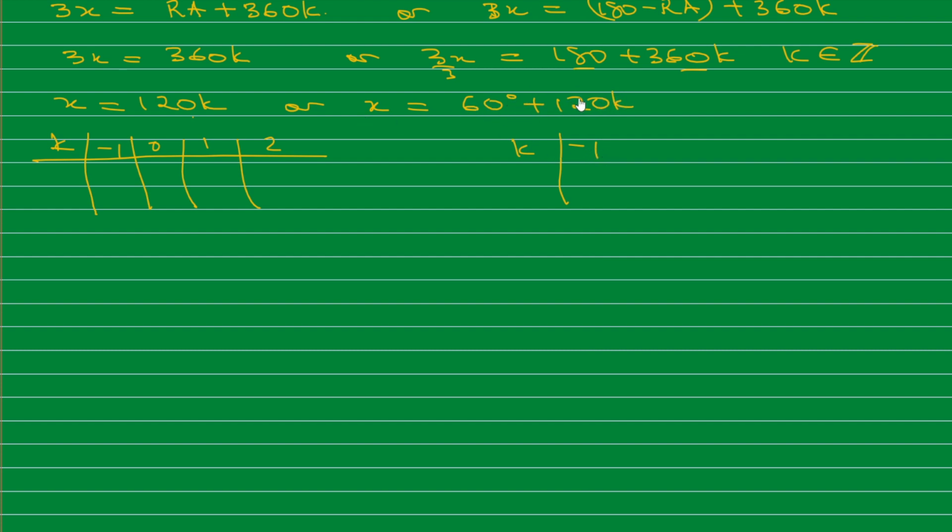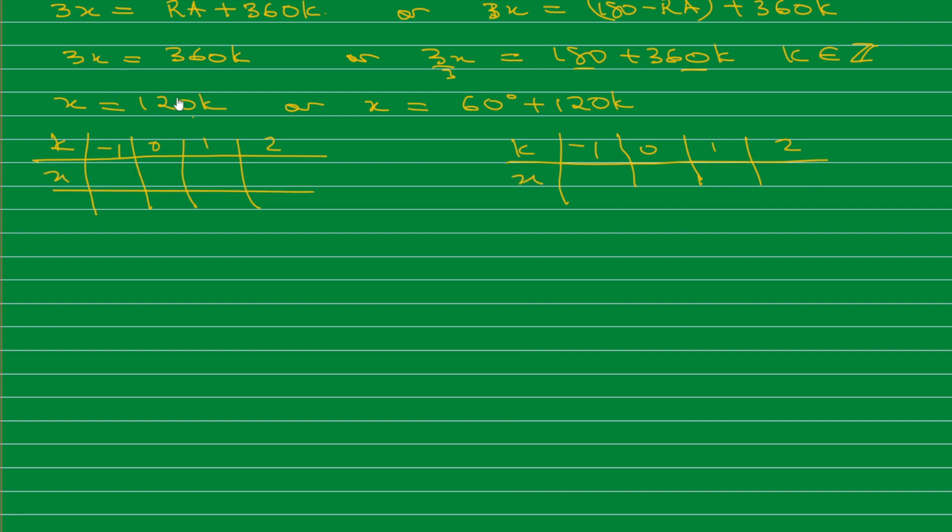When it is -1, that will be -120, which is far away from our domain. So just test the values and see what your x is for each value of k.